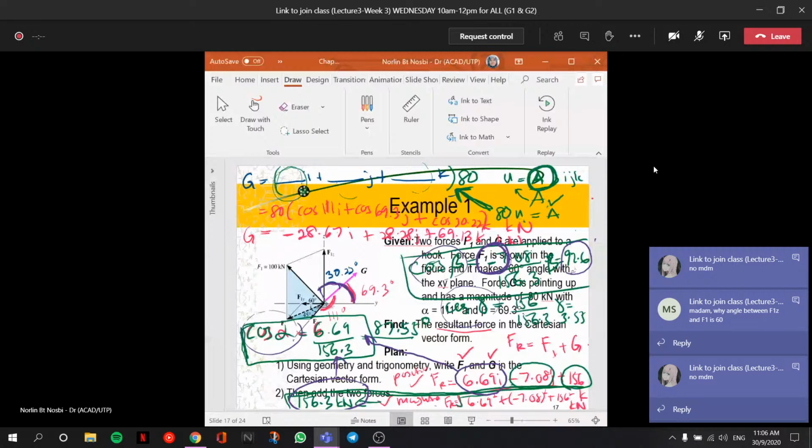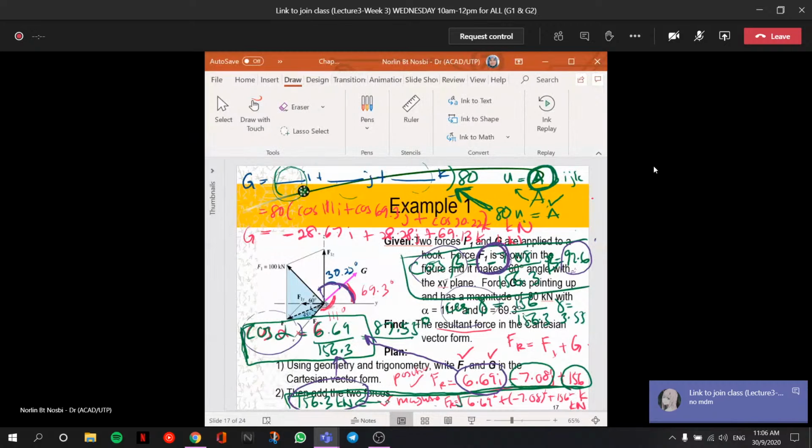Okay, the angle between F1z and F1 is 60. It is given here in the question. The 60 degree was given in the figure.